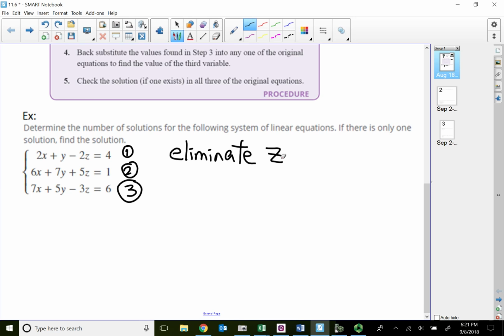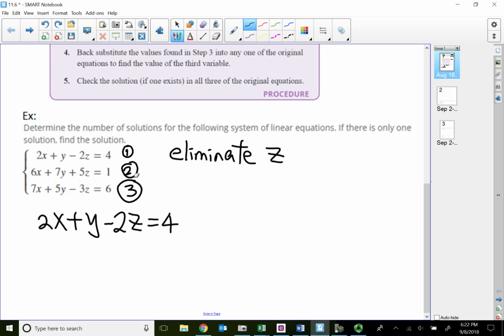All right, to eliminate z, I'm going to pick 2 equations first. This time I'm just going to pick the first and the second equation. 2x plus y minus 2z equal to 4. That's the first equation.